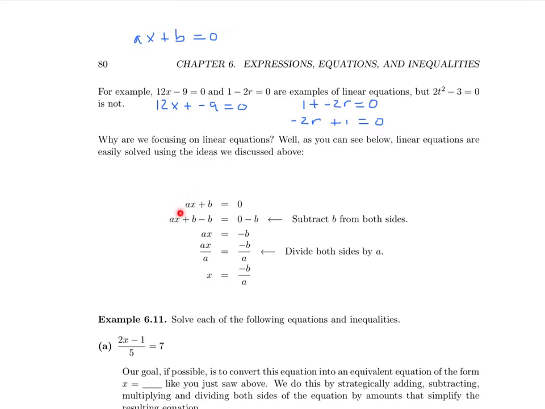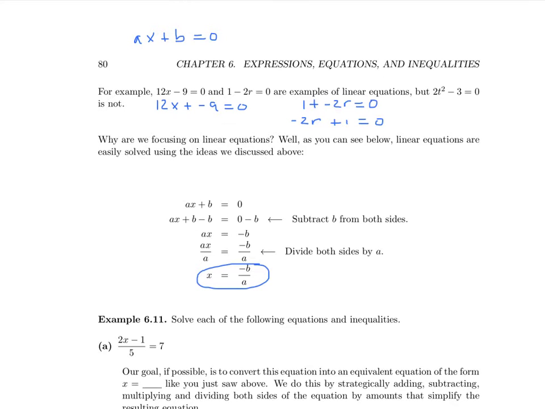If we want to determine the value of x that satisfies this equation, what we can do is create equivalent equations that are simpler than this one. And our goal in the end is to arrive at an equation that is equivalent to the equation we started with, and this equation will tell us precisely what the value of x must be in order to satisfy this equation.